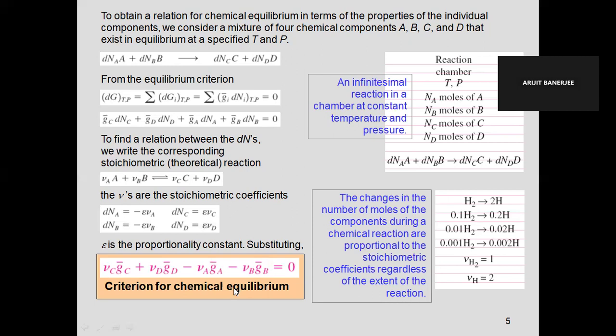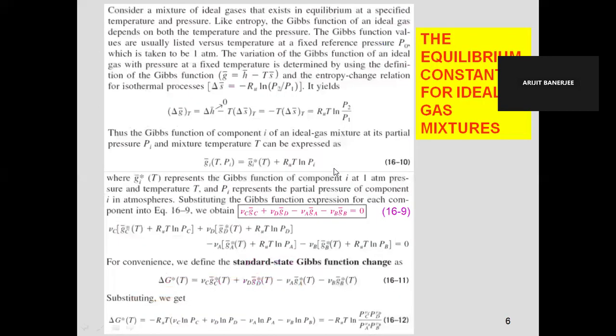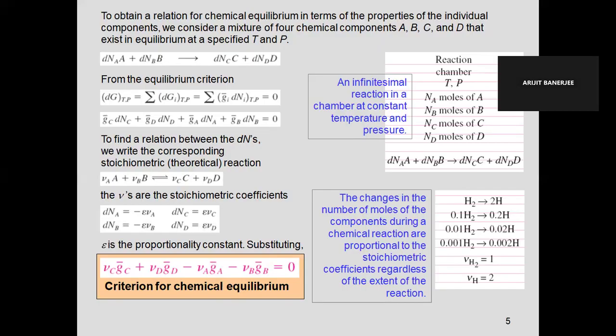Now what we will see in the next page is the change of Gibbs function. Because you see that here the Gibbs function is at a particular state. What is that state? Temperature, that you have to follow. At this pink equation, you see that here you have G_C bar, G_D bar, G_A bar, and G_B bar.